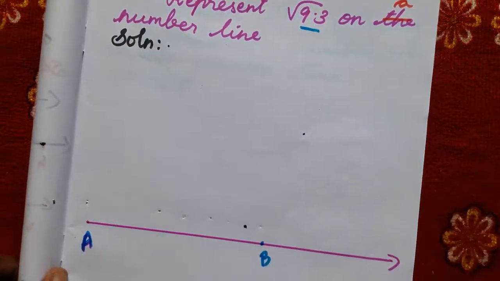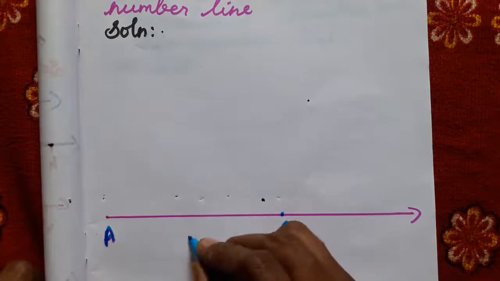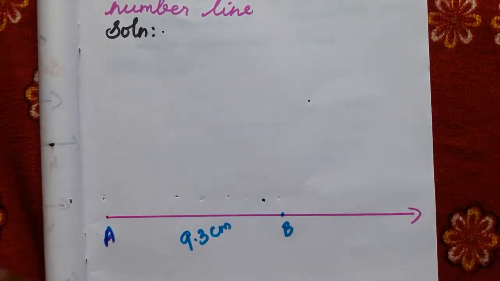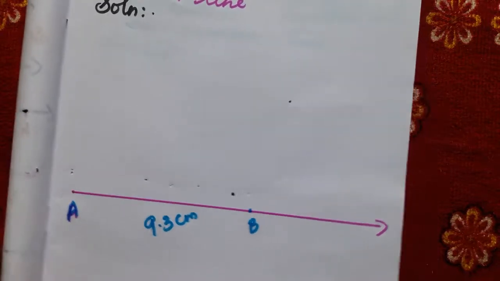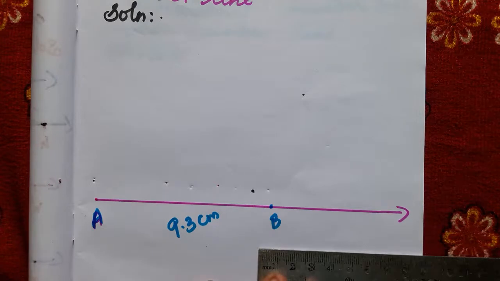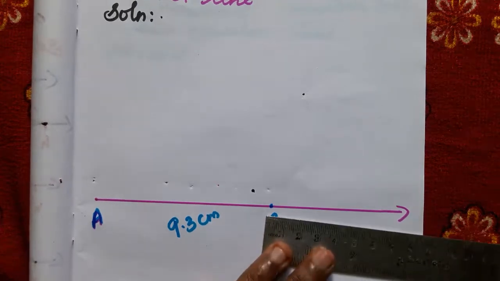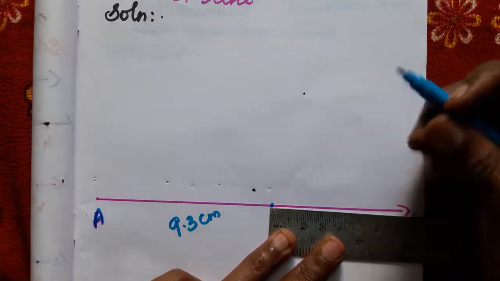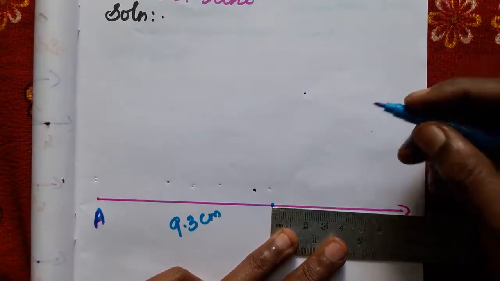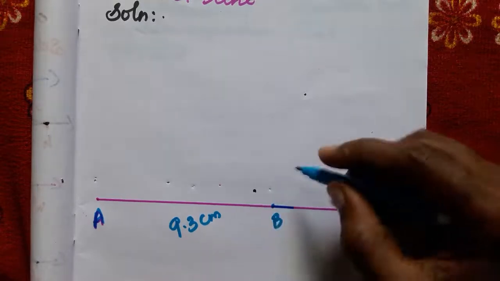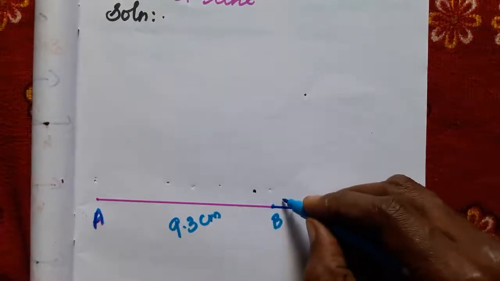Now AB is equal to 9.3 centimeter. Next, again we have to mark a point C. BC is equal to 1 centimeter.